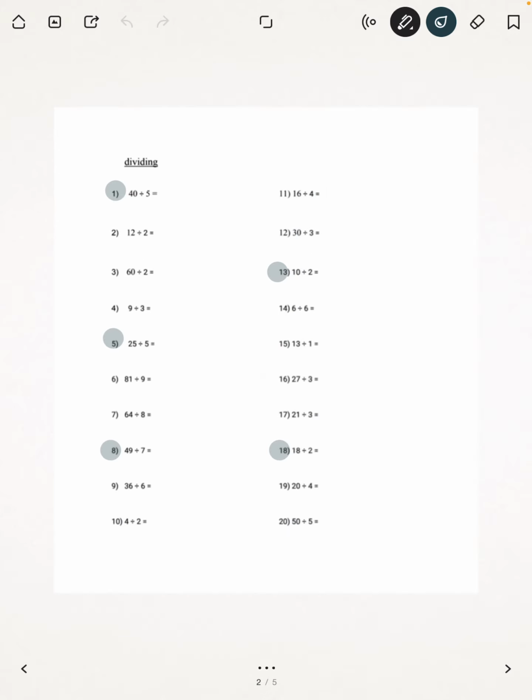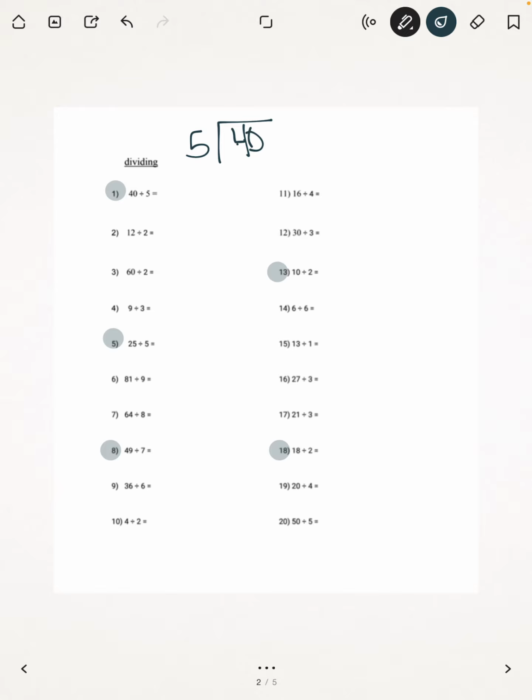Next one is dividing. So how you set up division is you put the second number in the front, and you put the first number in the middle. So we're basically trying to find how many times 5 goes into 40.